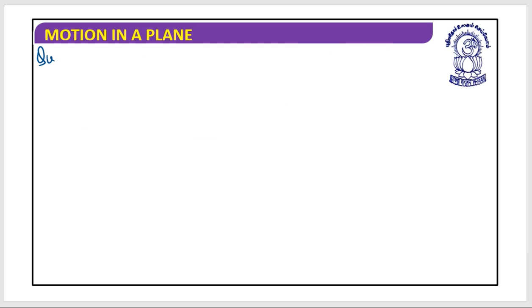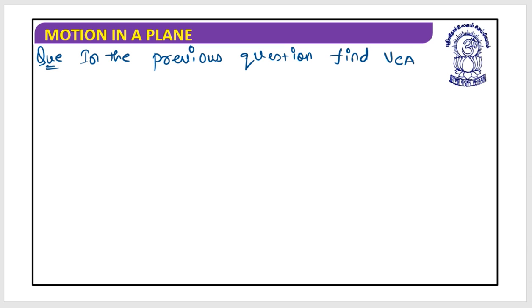Let's have a look. In the previous question, find VCA. The previous question, find out the VCA. So how should I do this? What was A?